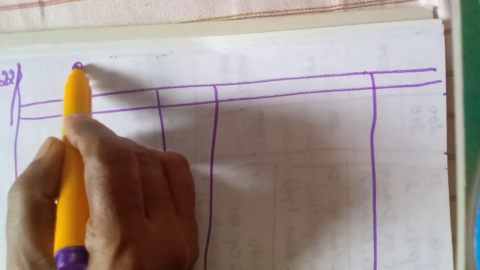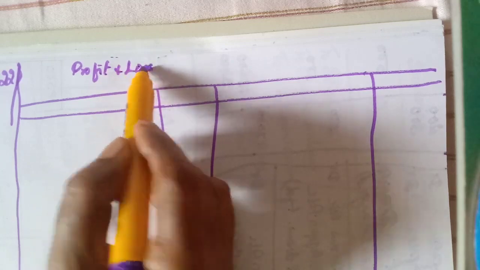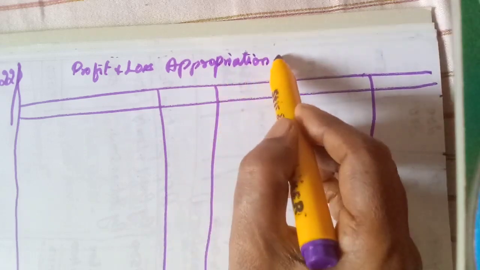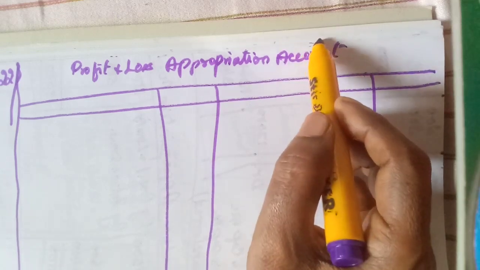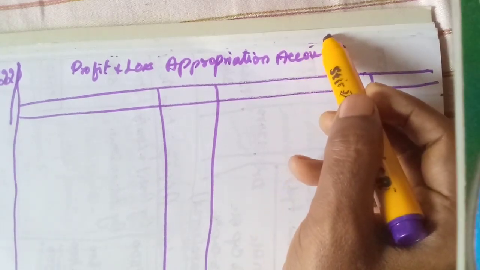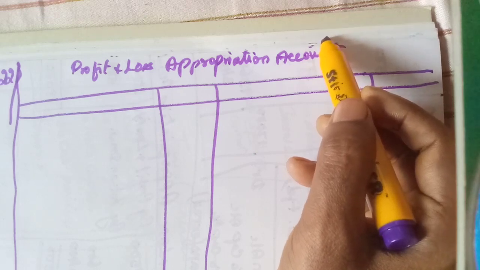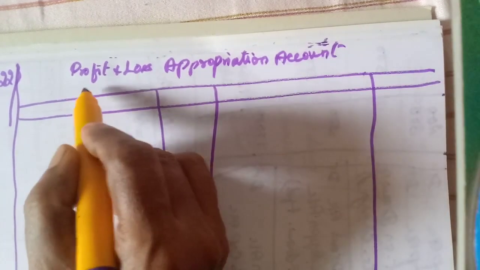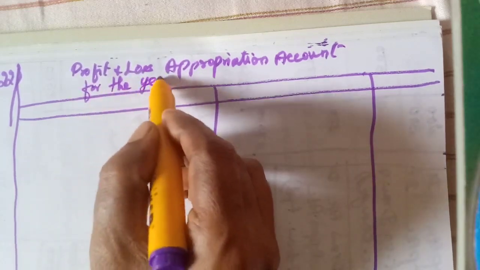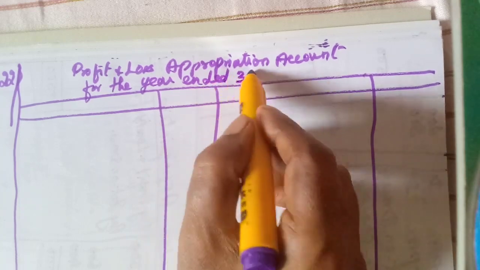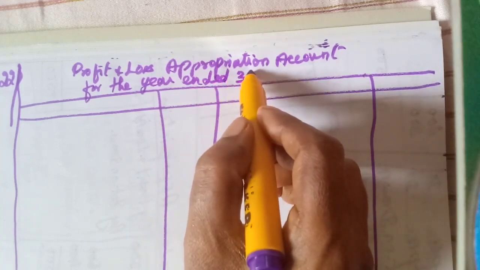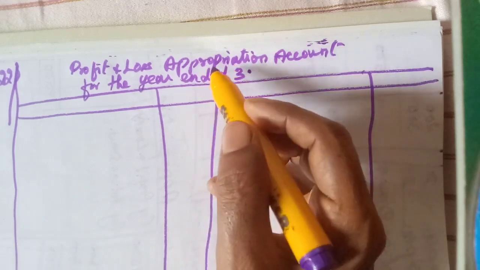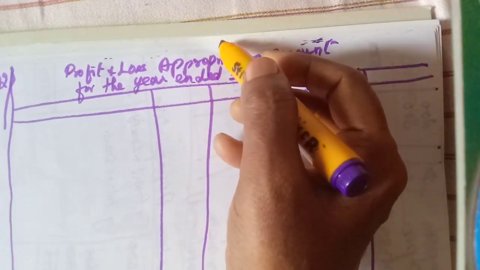Profit and loss appropriation account for the year ended 31st March. When is it starting? They started on 1st April 2018, isn't it?